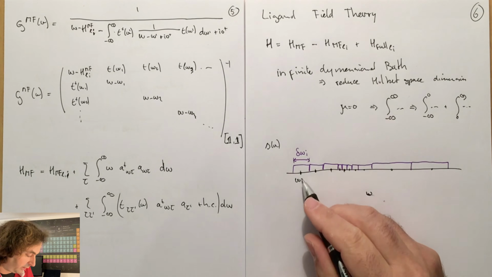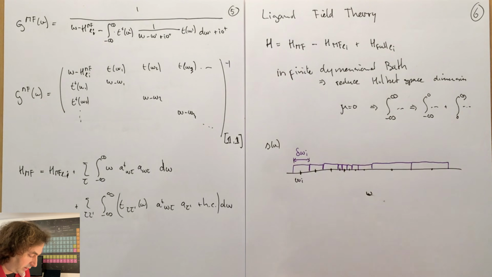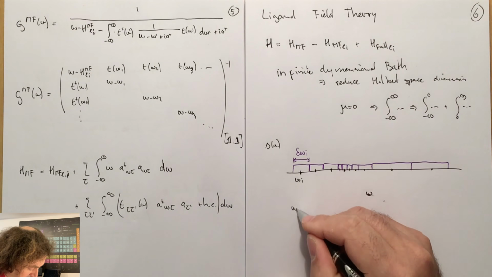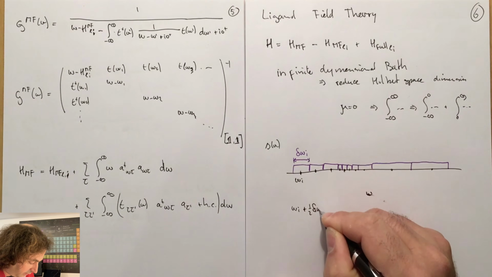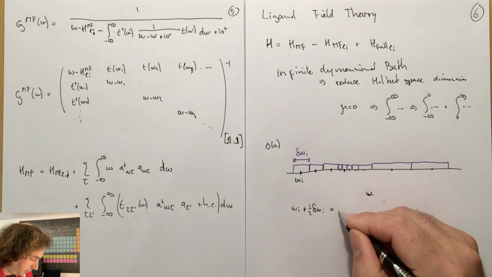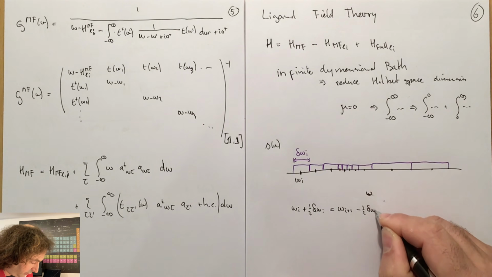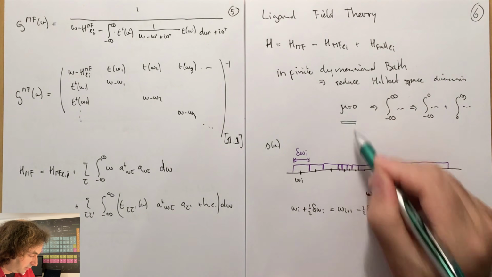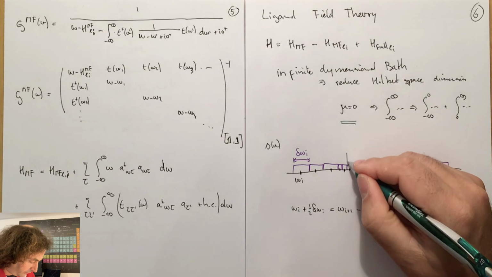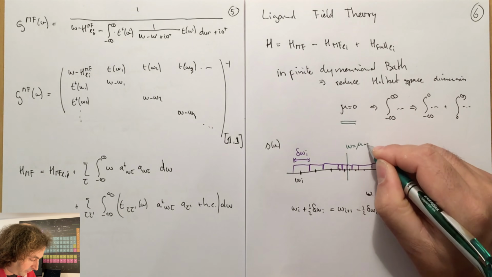Now I'm going to take my omega i's centered within the interval, and I'm going to allow the interval width to be flexible. So we know that omega i plus a half delta omega i has to be equal to omega i plus 1 minus a half delta omega i plus 1. And we had our chemical potential where we want to make a strict separation.